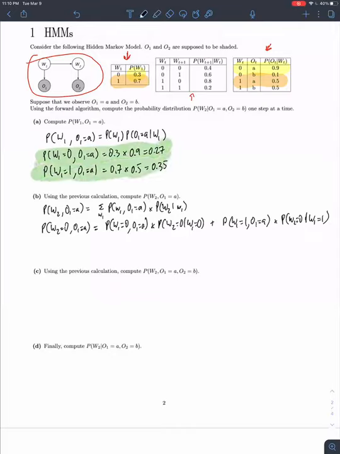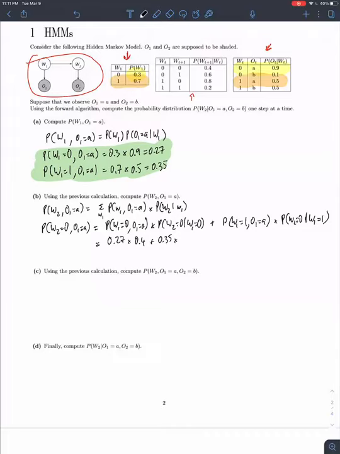So W1 is 0, O1 is A, that's 0.27 times W2 is 0 given W1 is 0. That is 0.4, plus, okay, W1 is 1, O1 is A. We calculated that, that's 0.35.